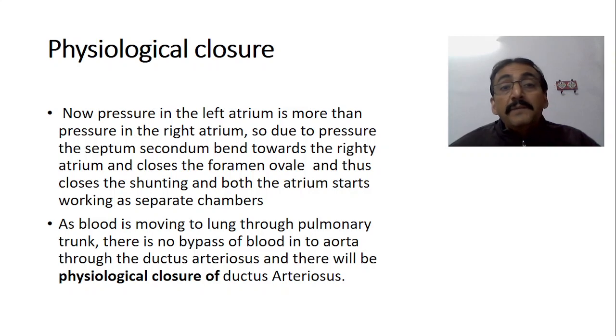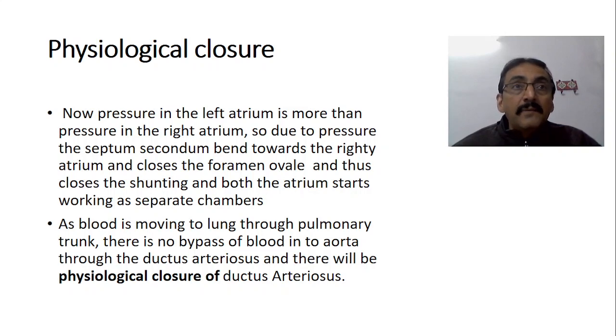Now the pressure in the left atrium is more than in the right atrium, and due to this pressure the septum secundum bends towards the right atrium and closes the foramen ovale, thus closing the shunt, and both atria now work as separate chambers. Previously the atria were interconnected by the foramen ovale.